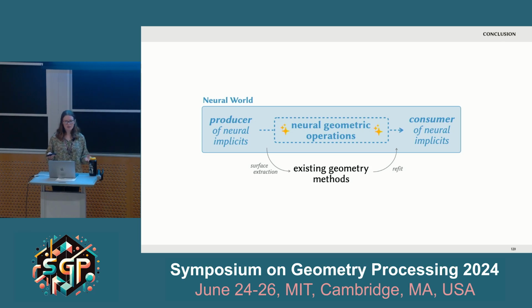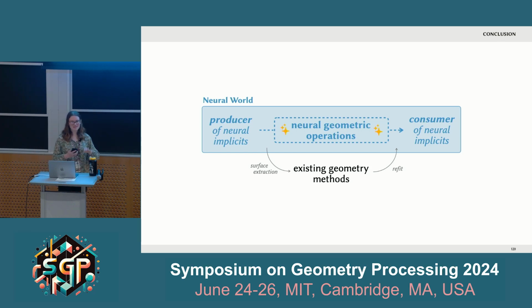I'll just finish by describing a problem on neural implicits that I think is really important. We've talked about how picking the right representation is a really important thing when you're working with geometry. And among many considerations for picking the right representation is picking one where you don't have to transfer between your representations, because this leads to loss and can make certain tasks really hard to solve. Neural implicits have been becoming a much more widely used representation.